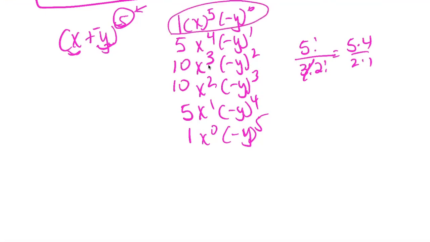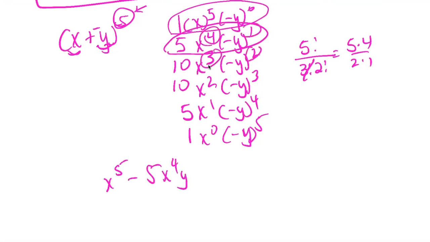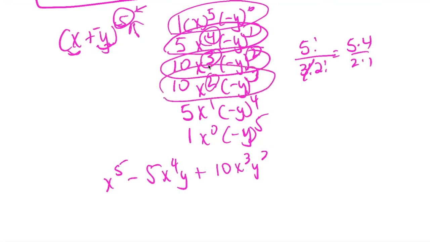This gives me x to the 5th. This gives me minus 5x to the 4th y. Notice how these add up to 5. This gives me plus 10x cubed y squared. Notice how the exponents add up to 5. That gives me minus 10x squared y cubed.